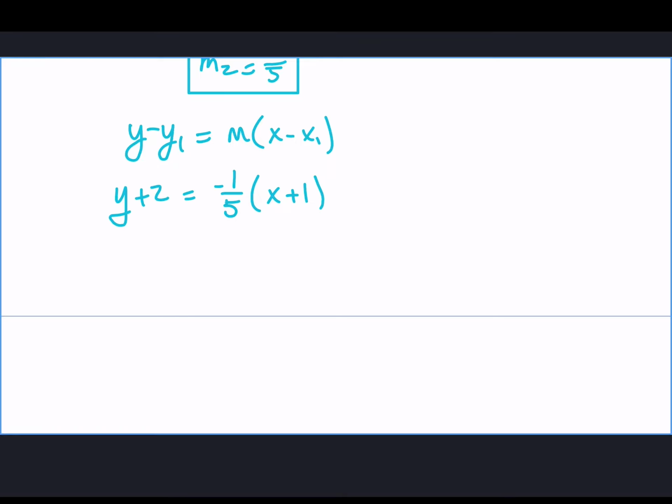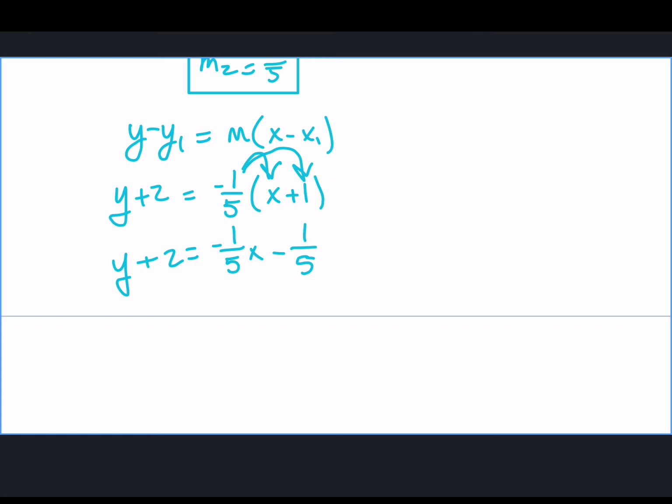We distribute and we get -1/5 x, actually not plus, minus 1/5. Can we just multiply here? No, because we're putting it in slope-intercept. So we have y plus 2 equals -1/5 x minus 1/5.